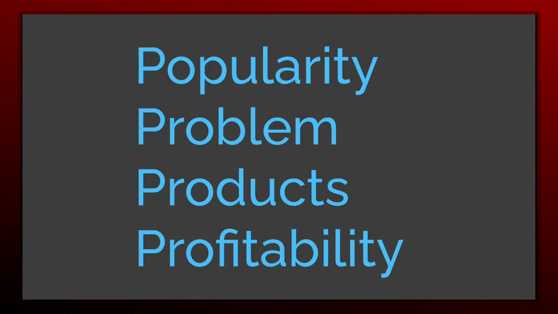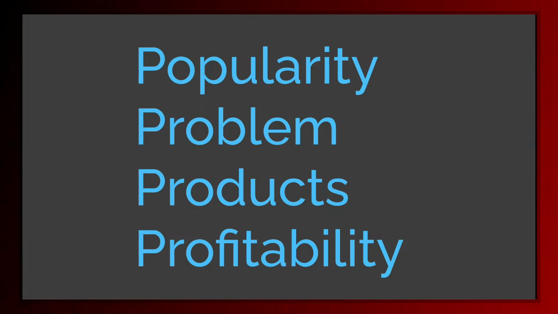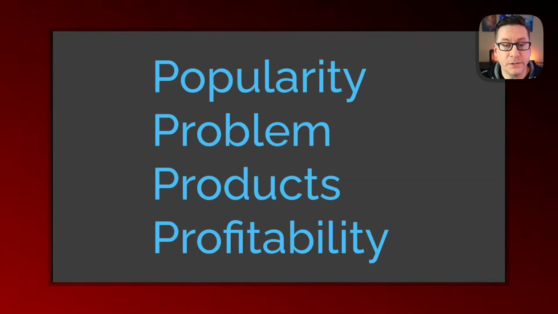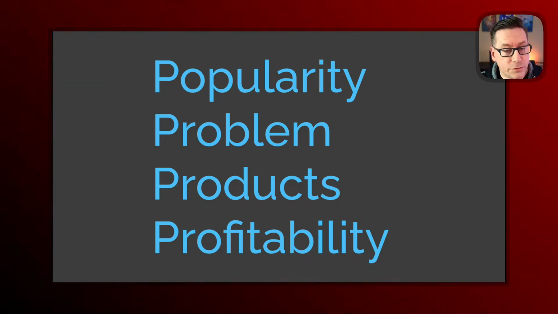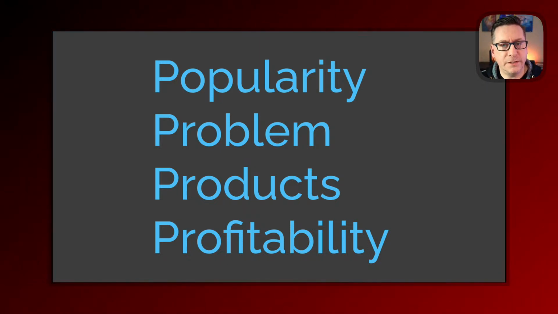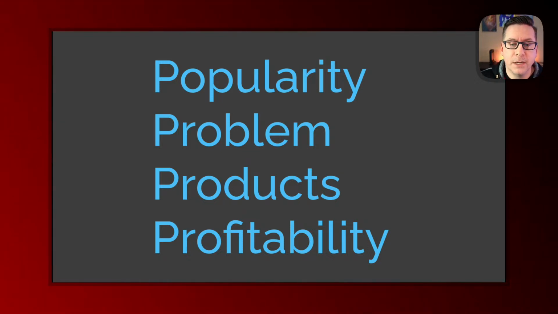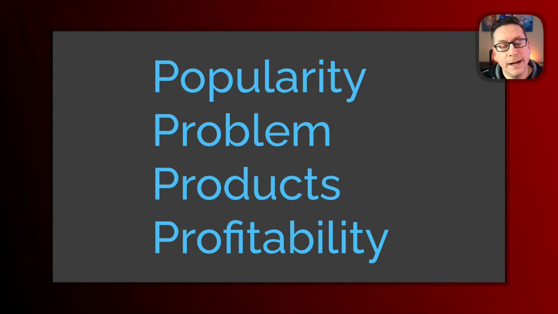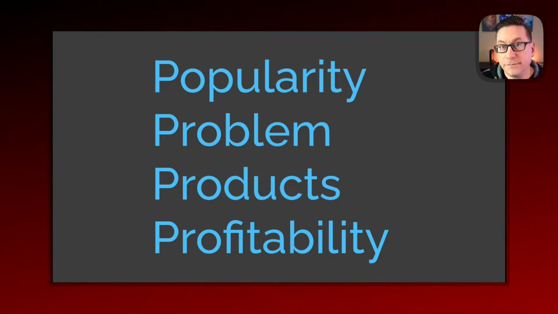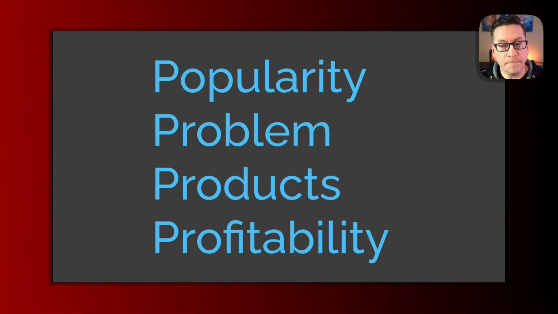So what does that all mean? This is what we were looking for when we were finding a niche. Is the niche popular? Does the niche have problems? Are there products available for this niche? And also, are the affiliate programs profitable?